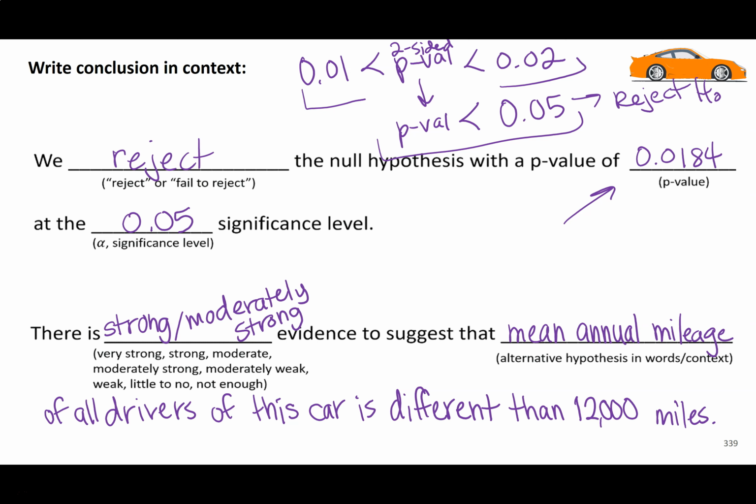Which basically, that's uncommon enough that I think that maybe the null is not true. We think that's unusual. Because there's nothing weird about our sample if it's truly representative.